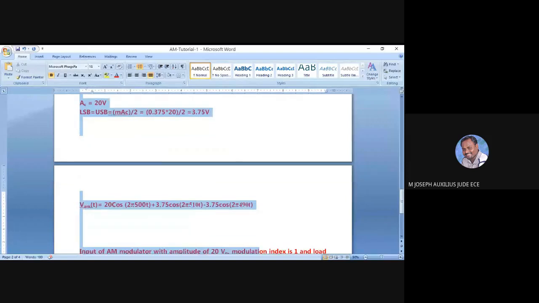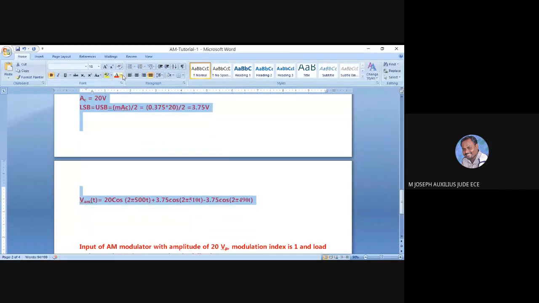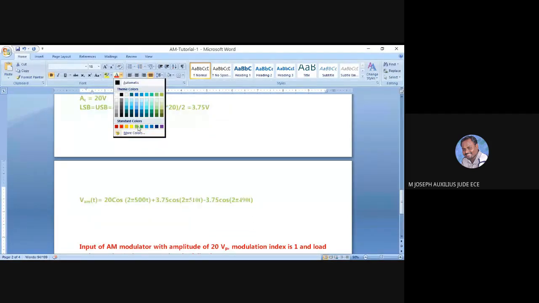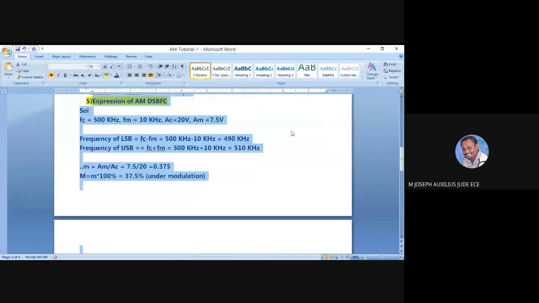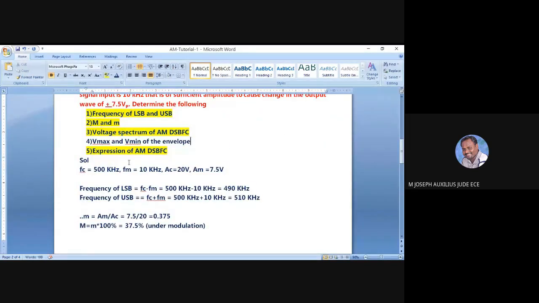I think I can recolor it better because you love this color. So you have to find out Vmax and Vmin. What is the formula for Vmax and Vmin? Now go to your derivation. The formula is given in the derivation.